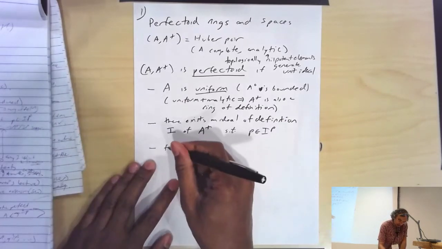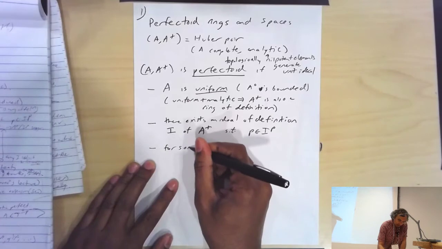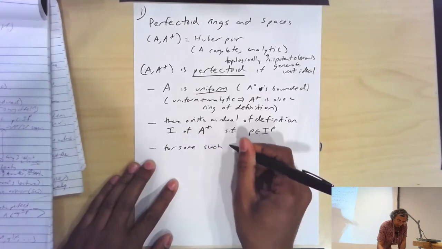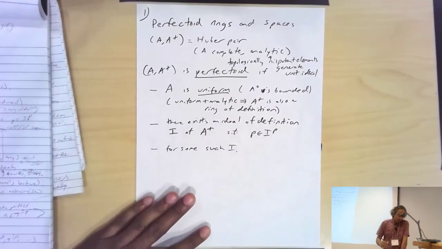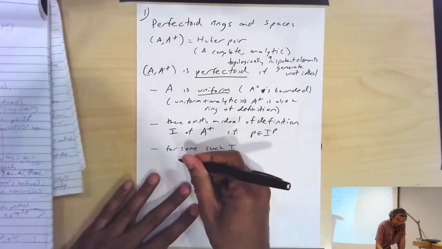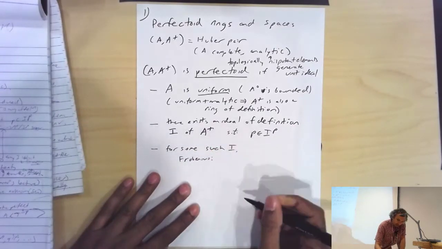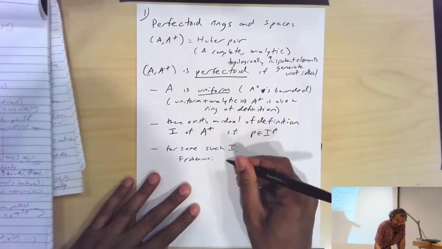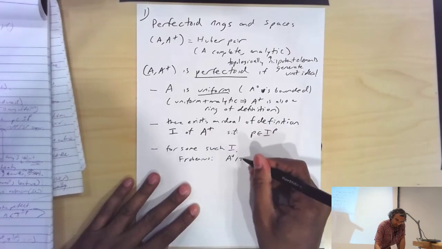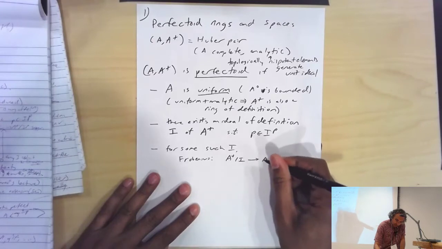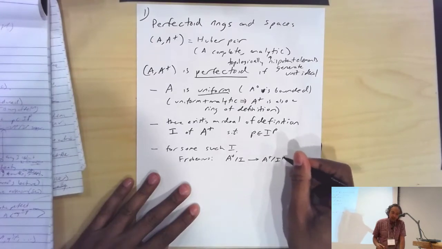And for some such ideal, the Frobenius map, or the p-powering map, because I assumed this, gives a well-defined homomorphism from A plus mod I to A plus mod I to the p.